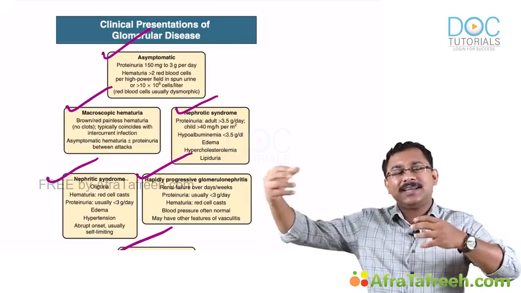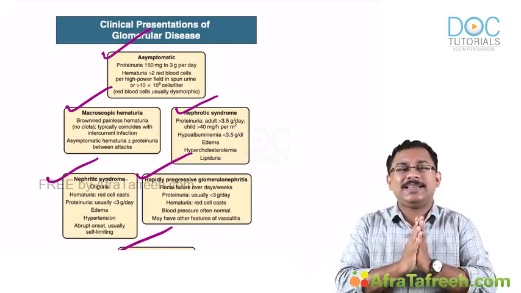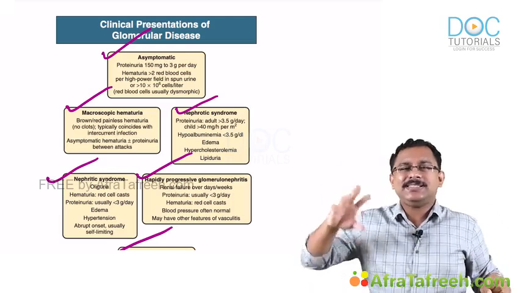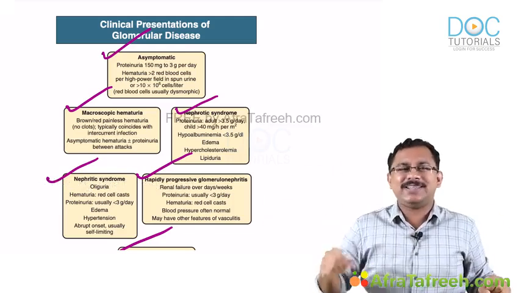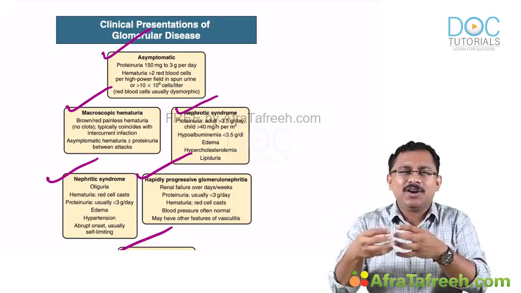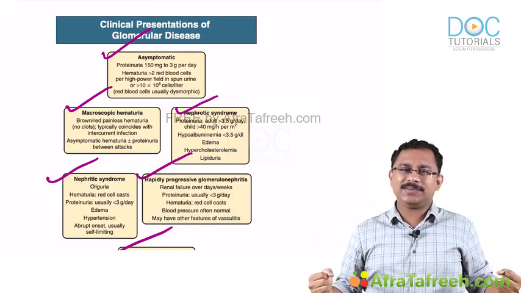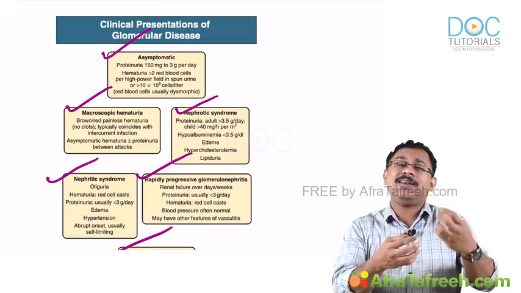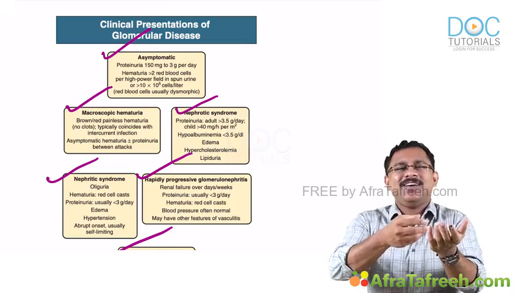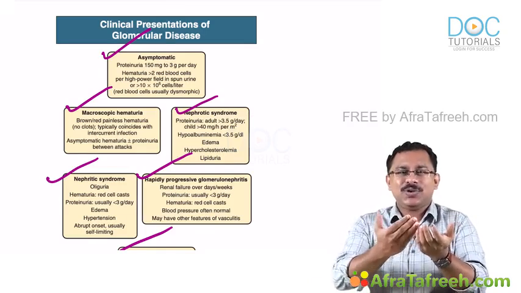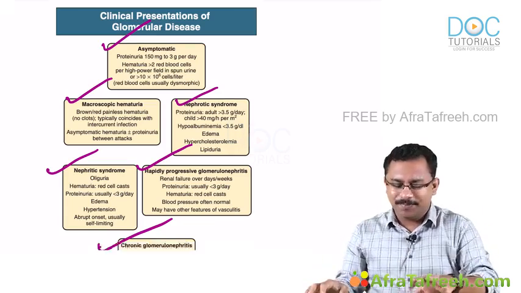When we discuss individual disorders, you will see that some disorders have predominantly a nephrotic picture, some have a nephritic picture, some can have overlap. Remember, these are not watertight compartments. There may be a certain disorder in which you can have a predominant nephrotic presentation, but with some features of nephritis as well. Okay, so remember that these are not watertight compartments.